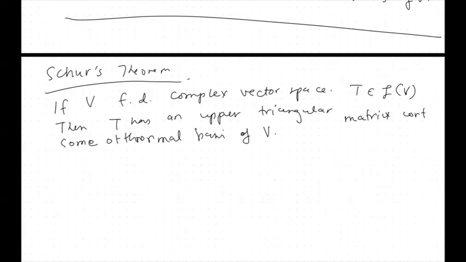So the proof here: if we have a complex vector space and a linear operator, then this linear operator T has an upper triangular matrix with respect to some basis, and from the theorem above, it also has an upper triangular matrix with respect to an orthonormal basis.